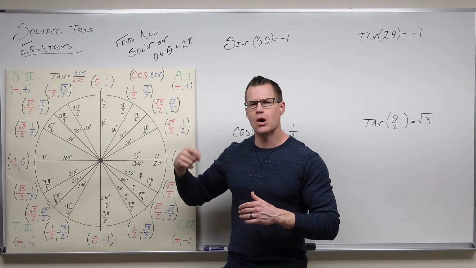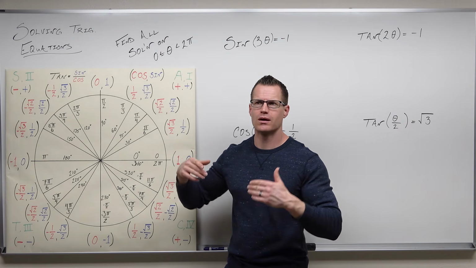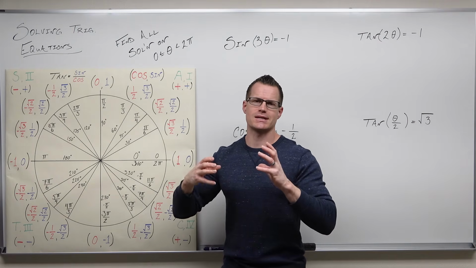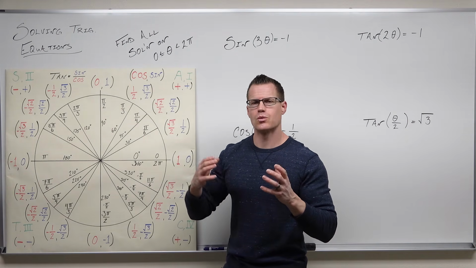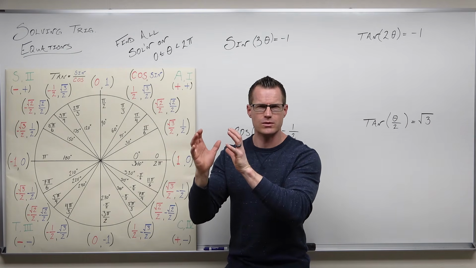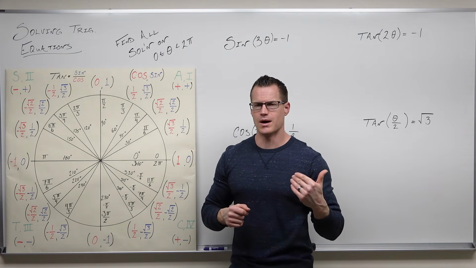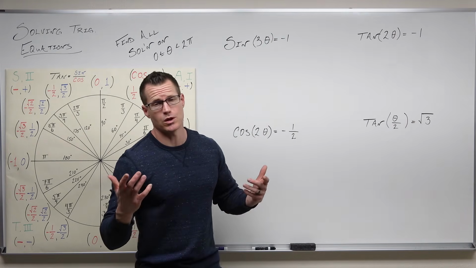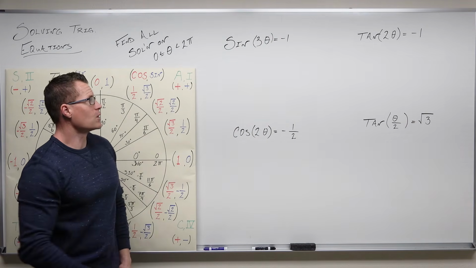We don't want 0 and 2 pi giving us the same solution, so we're typically excluding the 2 pi. Set it equal to 0, include that, but not the 2 pi. That would double up some of our solutions. We don't need that. So anyhow, let's go on and solve some of these.